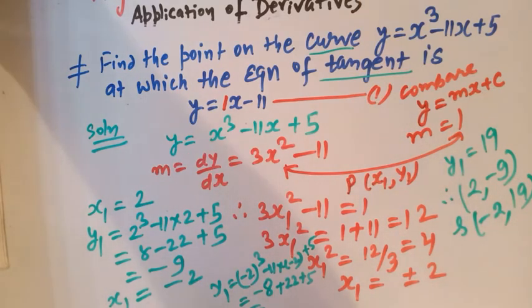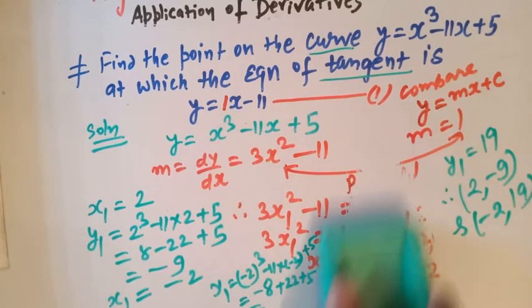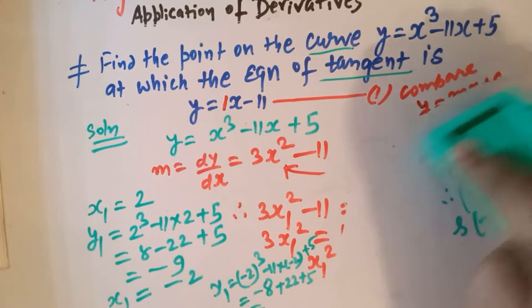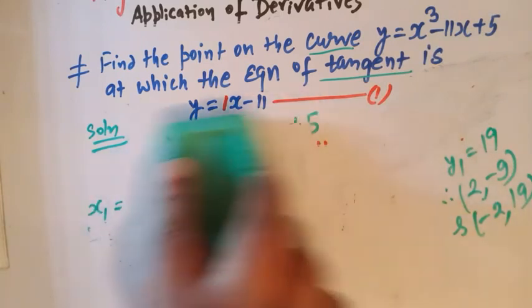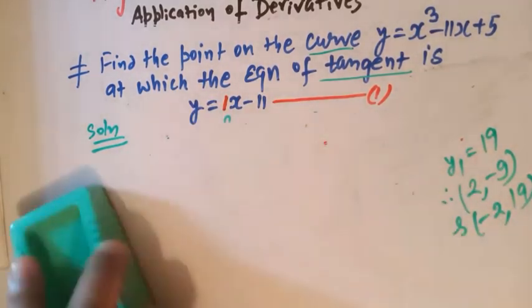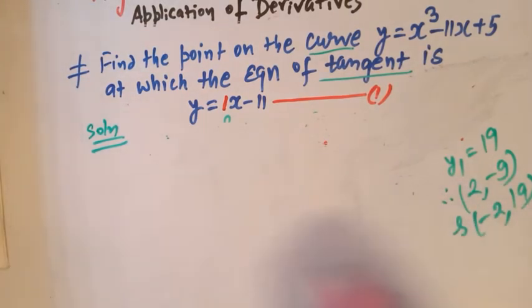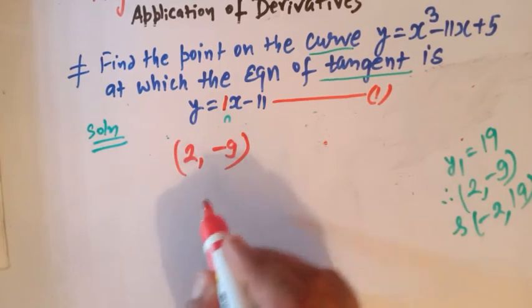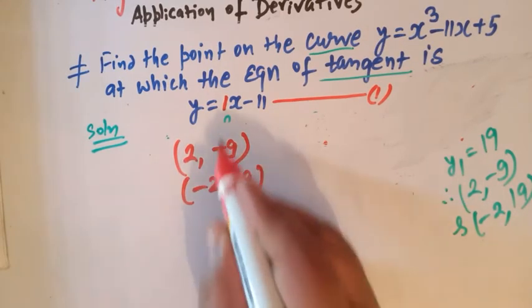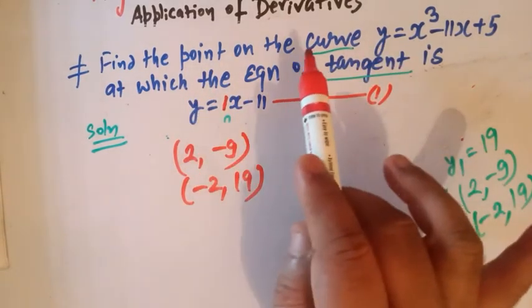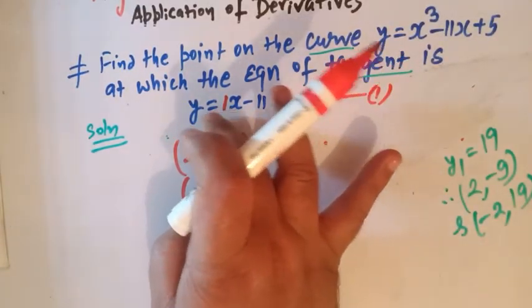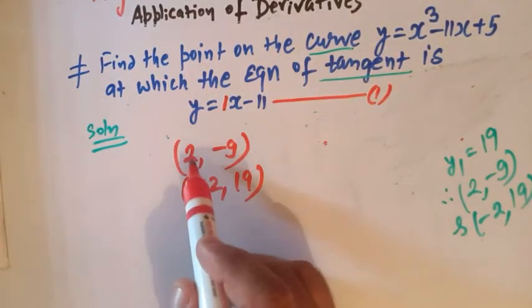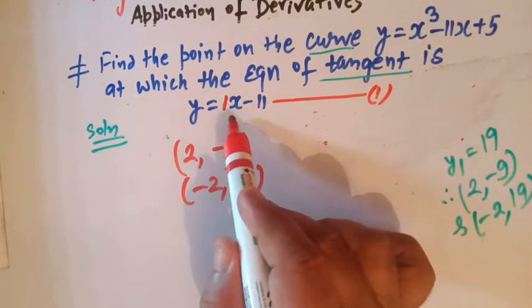Now we note the important point here that we have obtained these 2 points, (2, −9) and (−2, 19), at which the equation of tangent to this curve is this. So here we note one thing, that this point satisfies this equation as well as this equation.